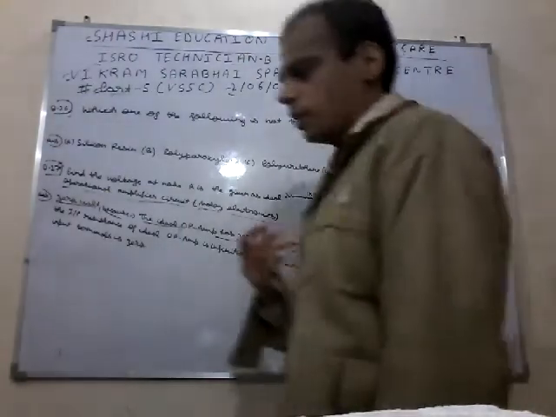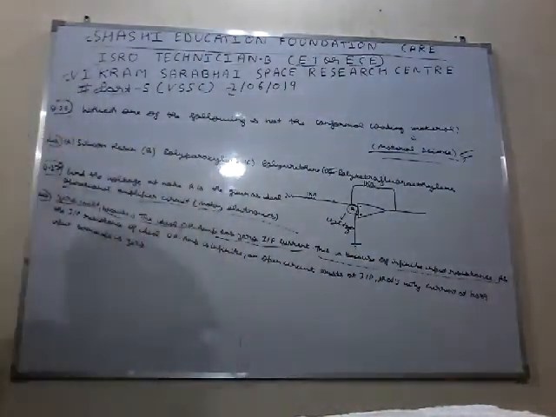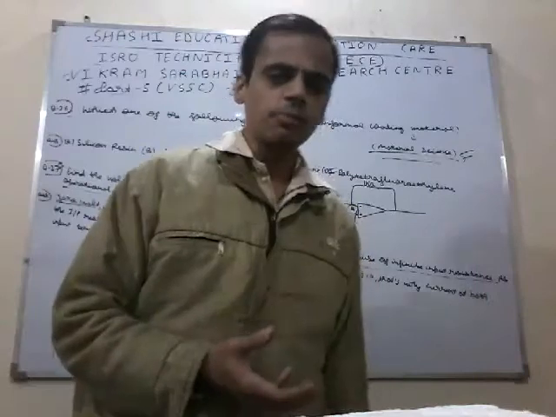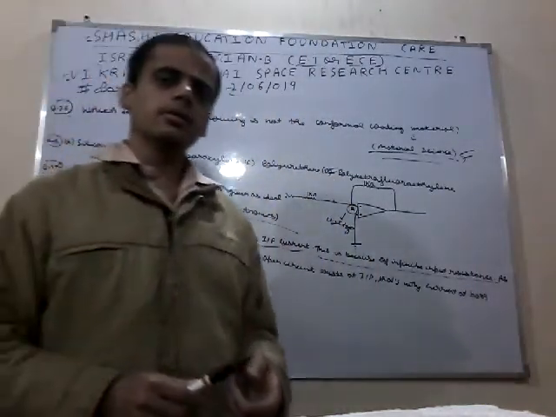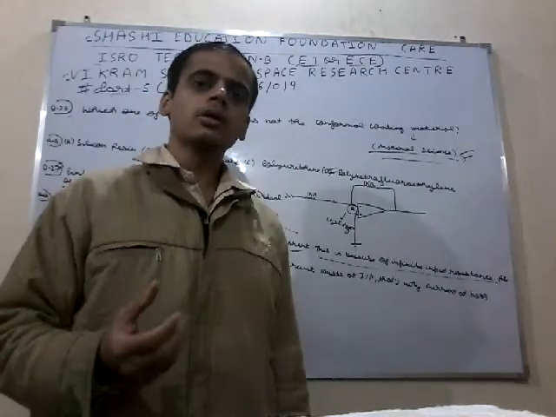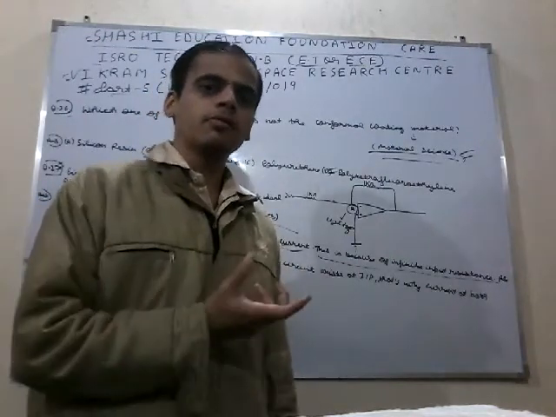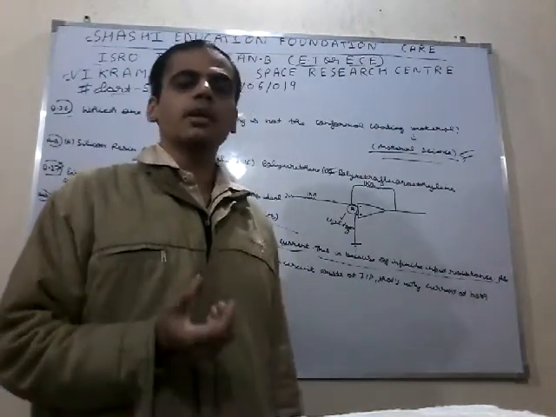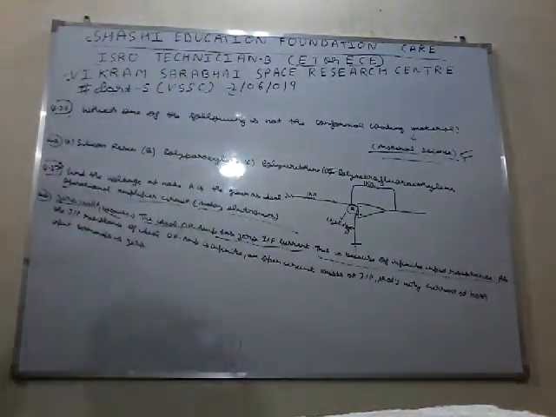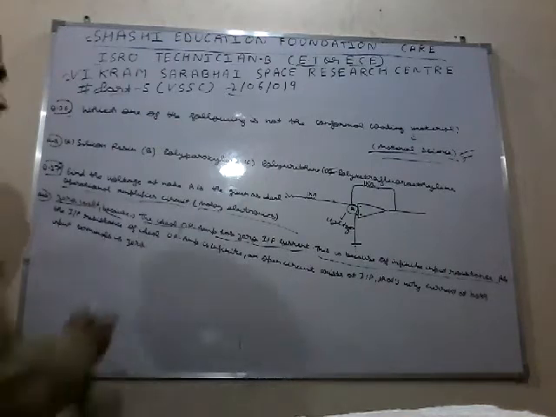If you can't give any supply to that operational amplifier, the infinite input resistance already exists. So that's the infinite input resistance of the ideal op-amp.